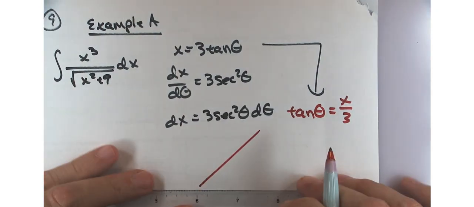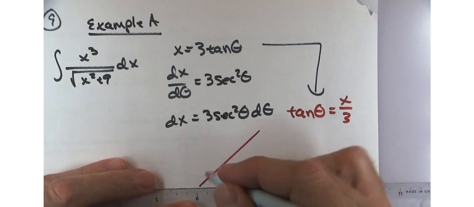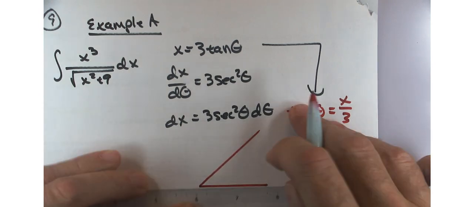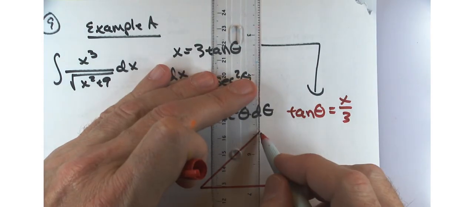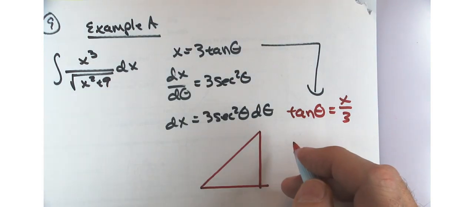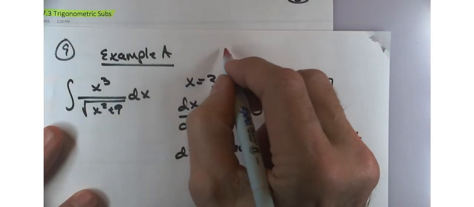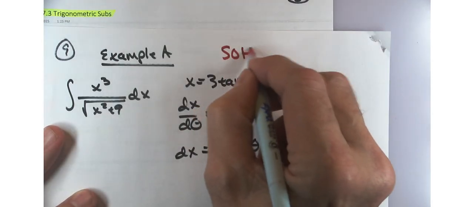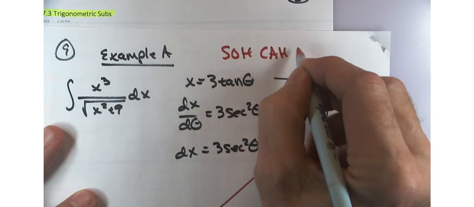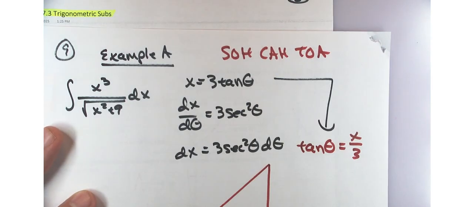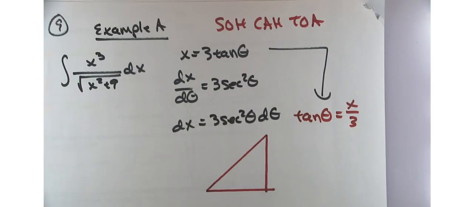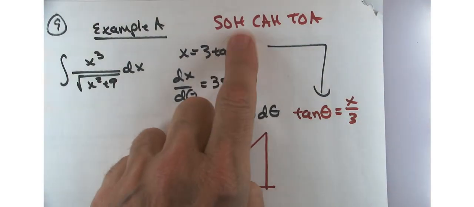So I'm just going to draw myself a right triangle. And in kind of keeping with my just-in-time delivery of review information, let's remind ourselves of something here. What's this SOHCAHTOA stuff all about? You guys have seen this a time or two, I'd imagine. What do we got going there? Sine is opposite over hypotenuse.